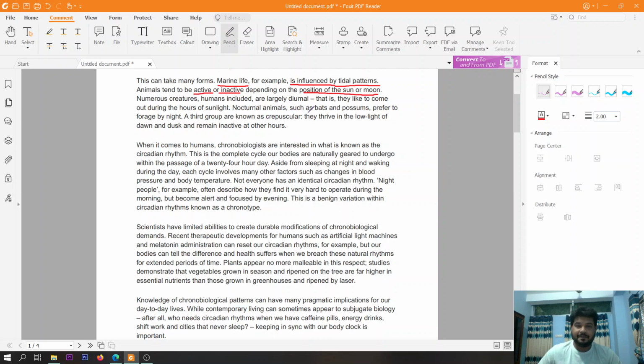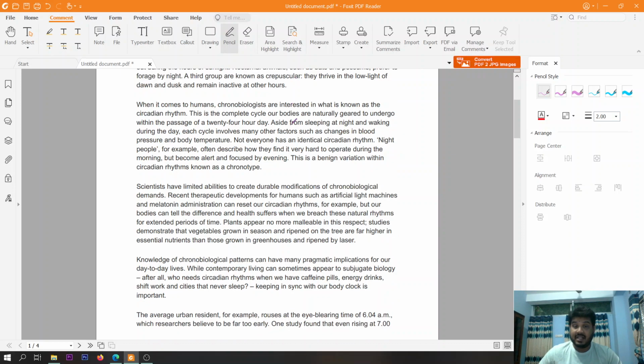So here I'm not particularly getting any information about animals being active during the daytime. Neither does this passage talk about anything about being active during the daytime. Yes, it does describe night people, how they find it hard to operate during the morning. Also, it talks about sleeping at night and waking during the day.